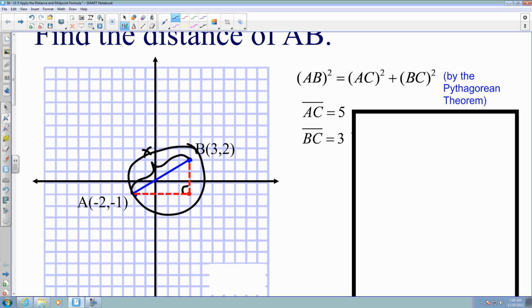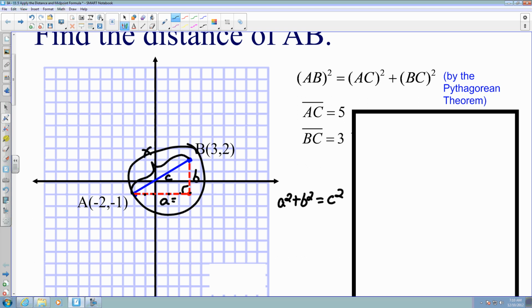And if we remember what the Pythagorean theorem is, imagine that this is A, and this is B, and that's C. And we learned that the Pythagorean theorem is A squared plus B squared equals C squared. And just by looking at the coordinates here, we can count that it's 1, 2, 3, 4, 5 units.